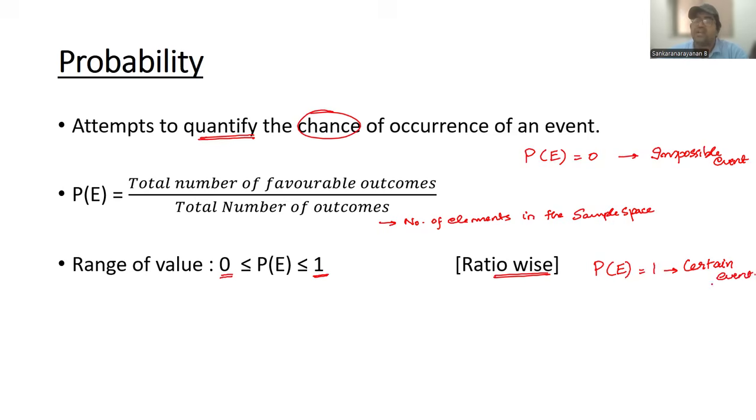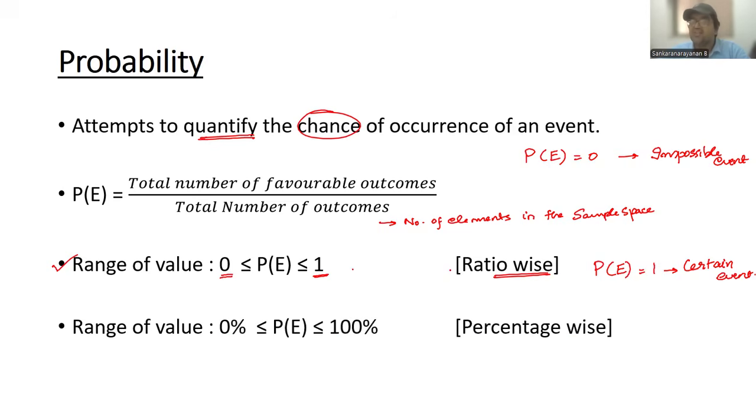Now, ratio-wise, the range of values P of E can take is 0 less than or equal to P of E less than or equal to 1. If I consider percentage-wise, the range of possible values for P of E is 0% to 100%.